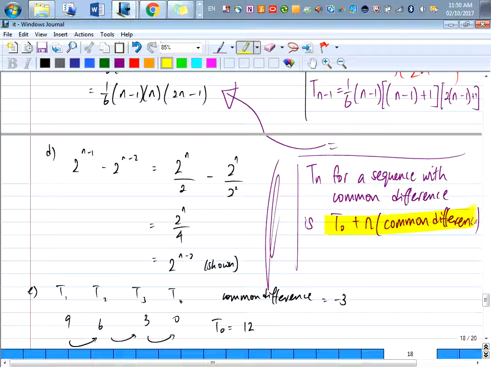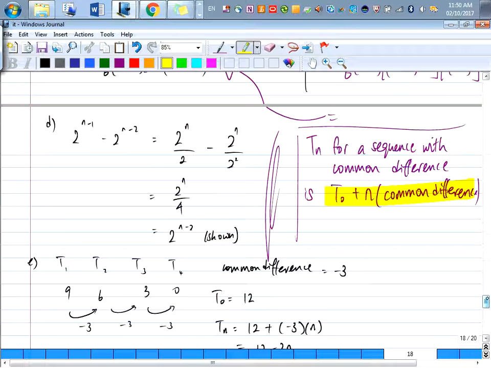So whether you keep adding 3, adding 10, subtracting 5, subtracting a constant, we always can use this. So now T1 all the way to T4 given to you is 9, 6, 3, 0.